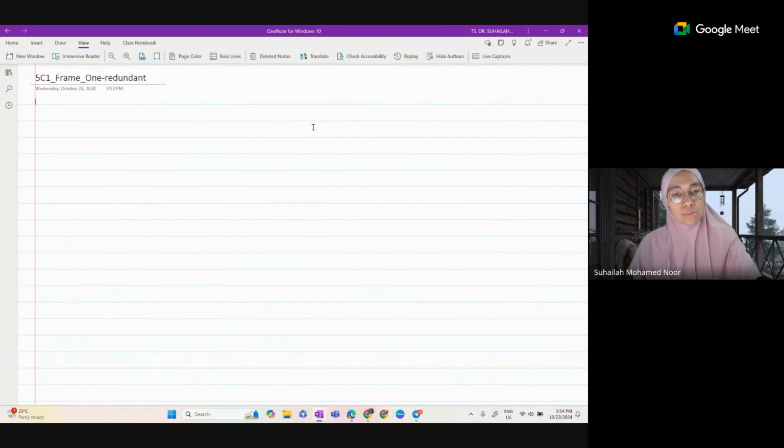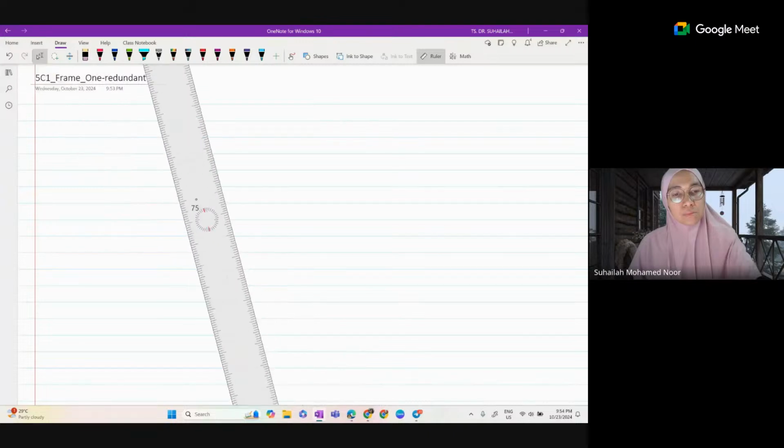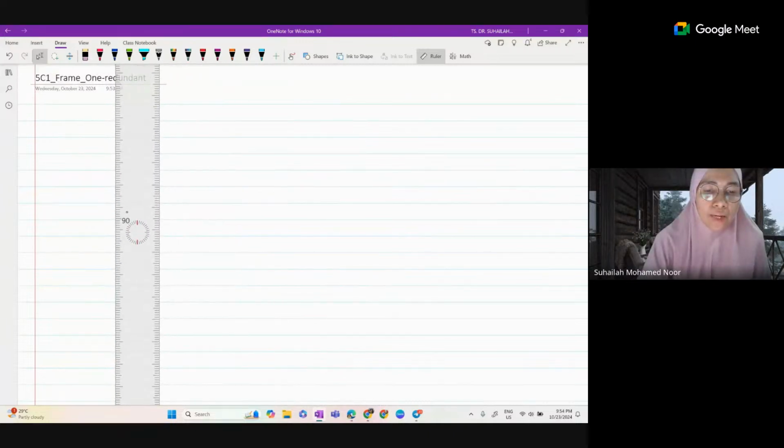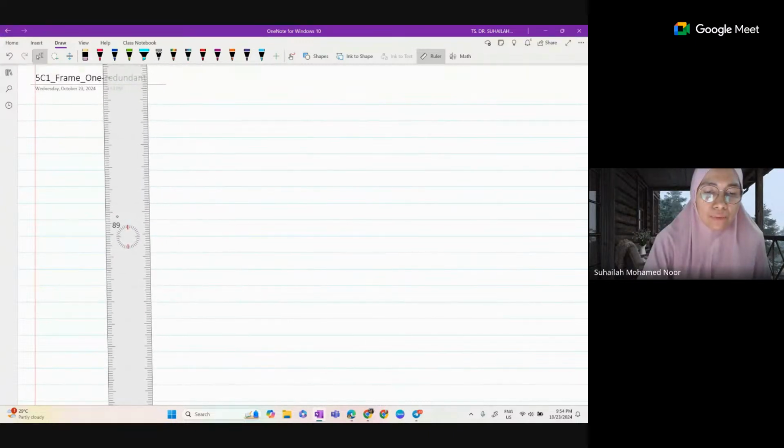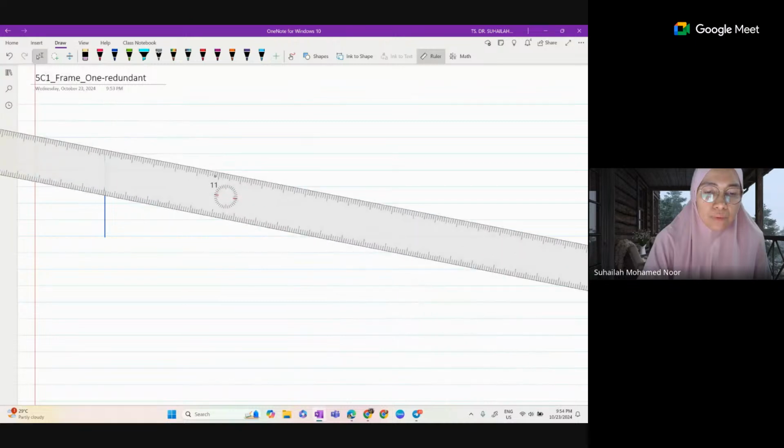We have three members of the frame. Let's do another example with one redundant. This Friday we will do two redundant.